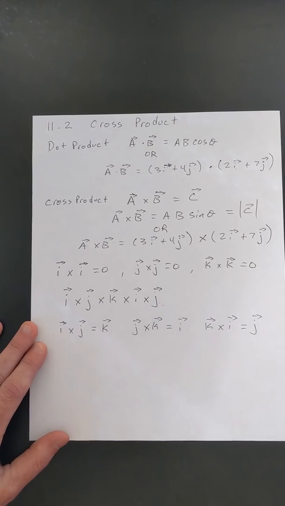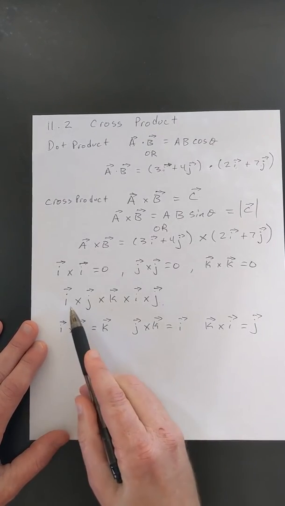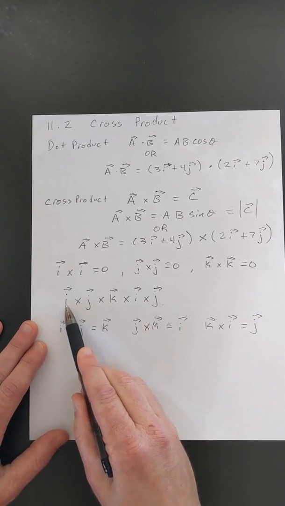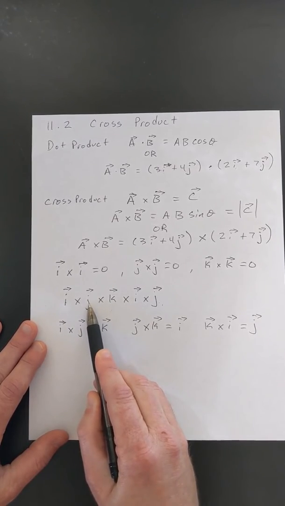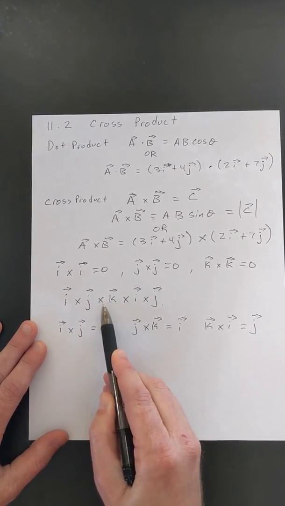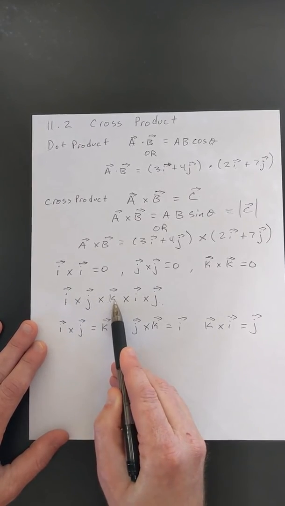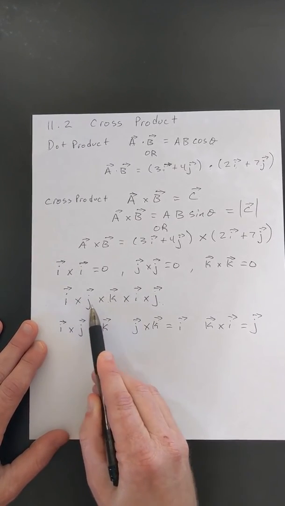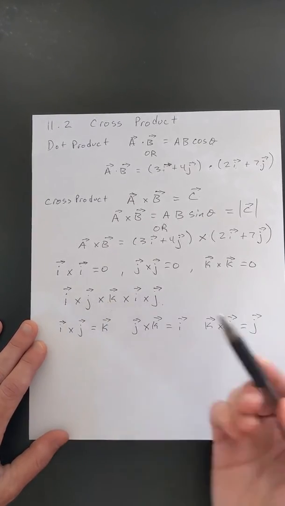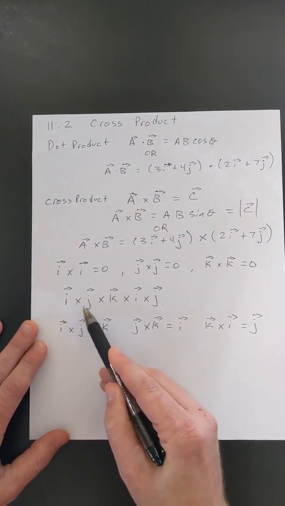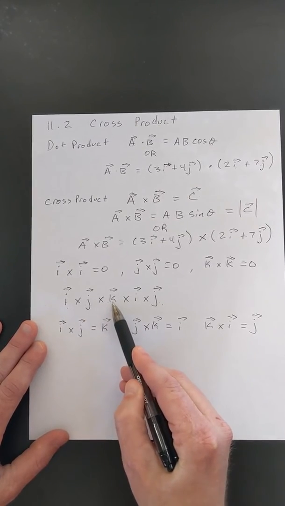Now what if you have a negative? Well, what do you do with a negative in regular multiplying? If this was negative i cross positive j, well, it would be negative k, because you have one negative, so it makes the result negative. If it was negative i cross negative j, back to positive k, because two negatives make a positive. So if either one of these is negative, you just make this negative.